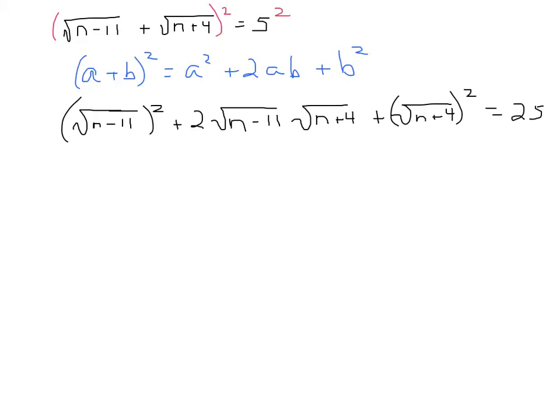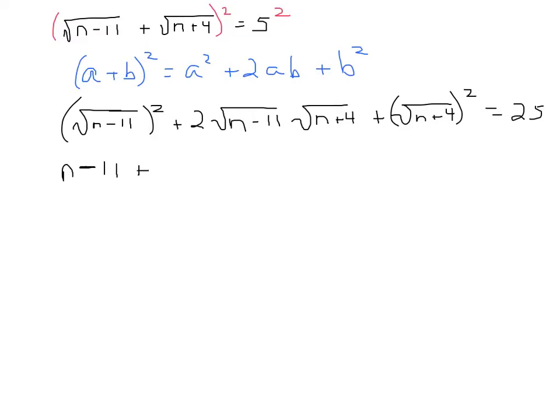So following that formula, we get a squared plus 2ab plus b squared equals 25. Anytime you have a radicand that has a square root and you're squaring it, you end up with just the radicand and no more radical sign.